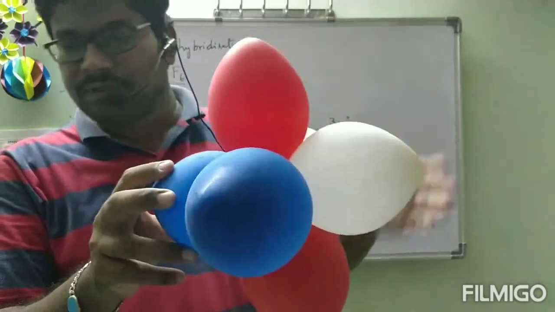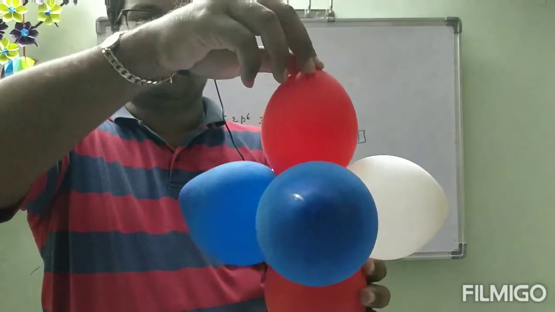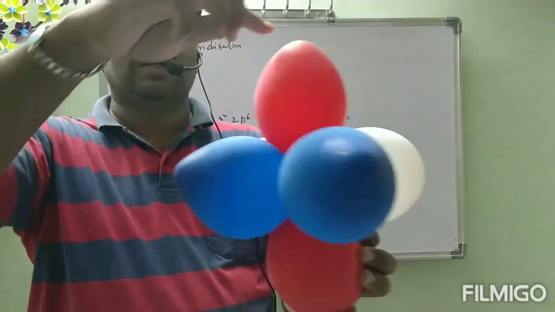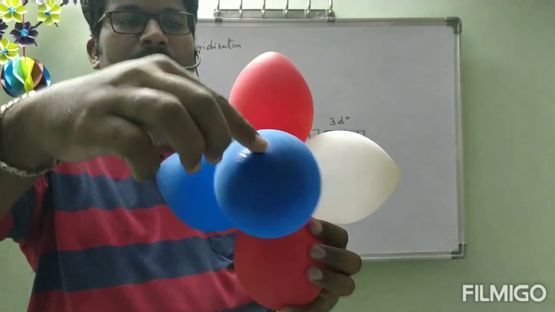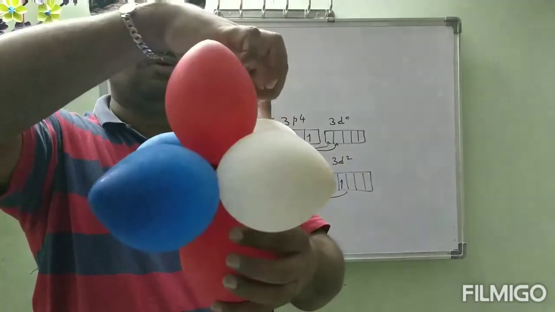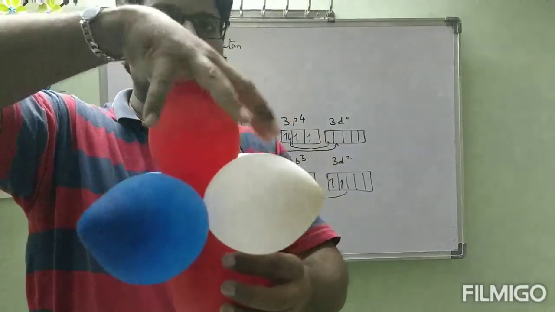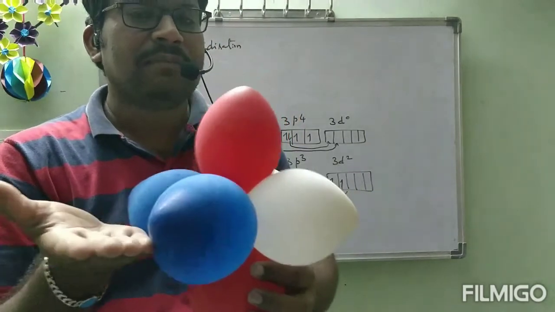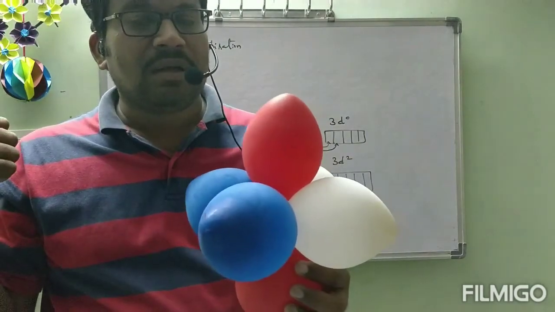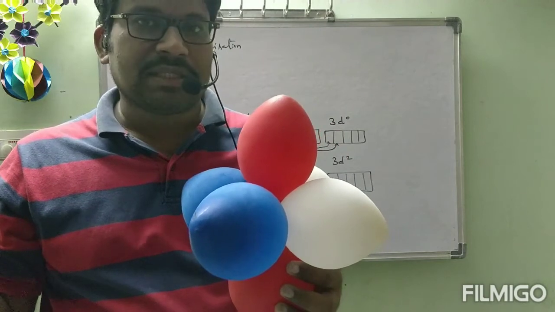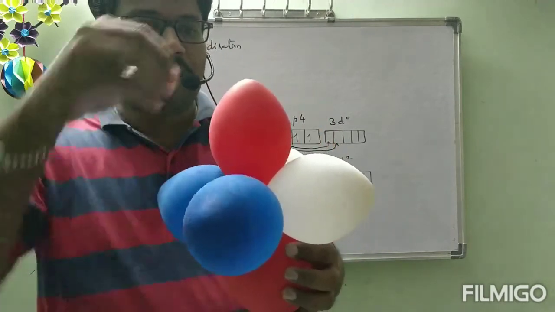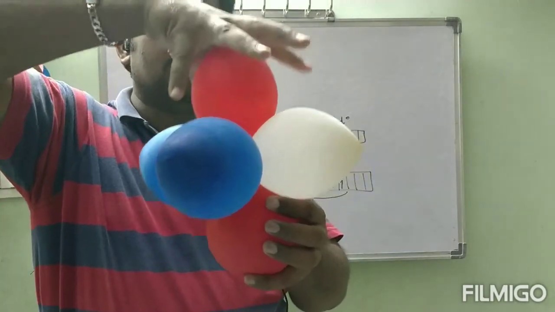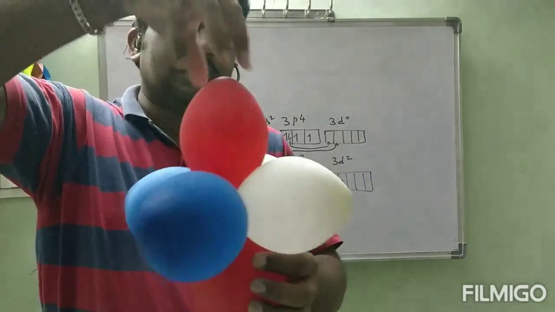Now observe, all of you. From here I am going to join 1, 2, 3, 4. Like this we will get a pyramid shape, a pyramid with a square base. The previous one was a pyramid with a trigonal base.